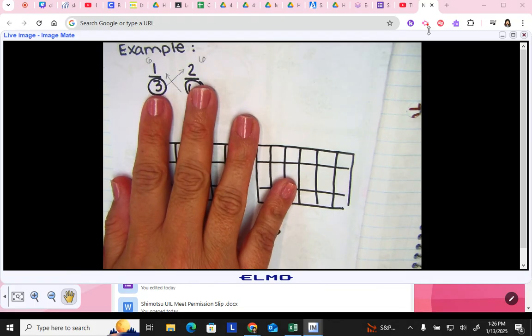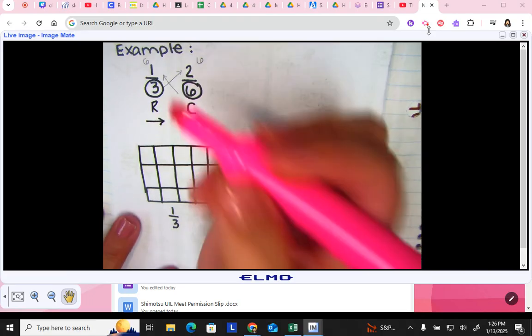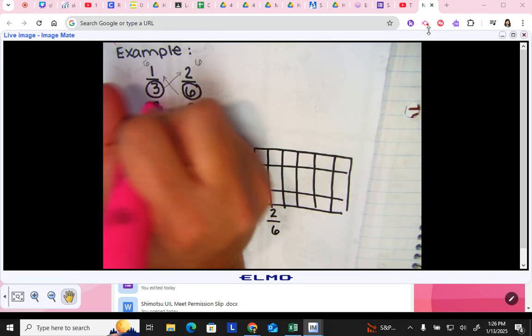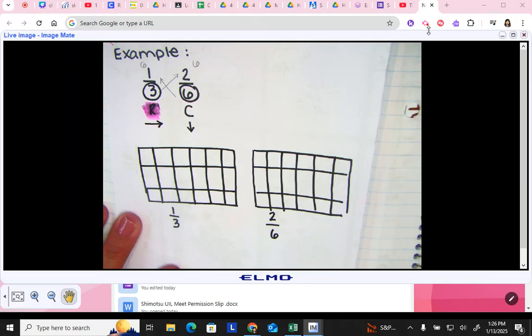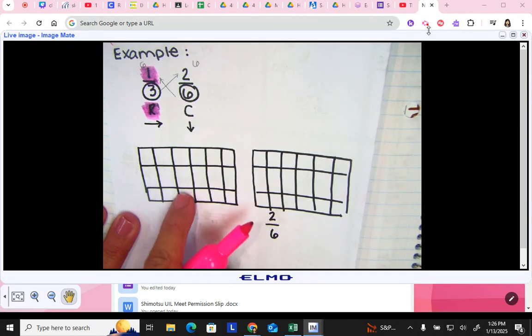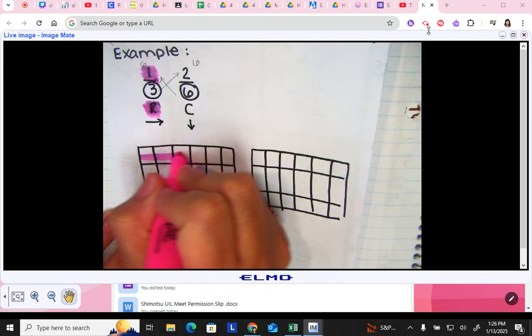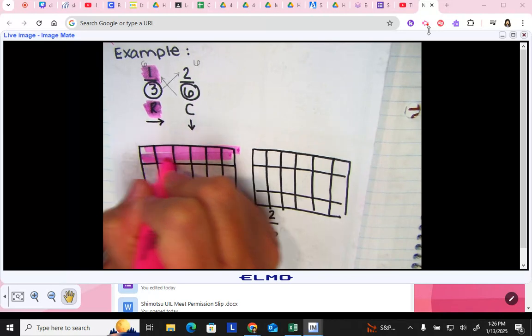Now I'm going to go back to my first fraction. The numerator names the number of the chosen ones. So in this fraction that indicated my rows, there was 1 chosen one. So in 1/3, I'm going to shade in 1 row.